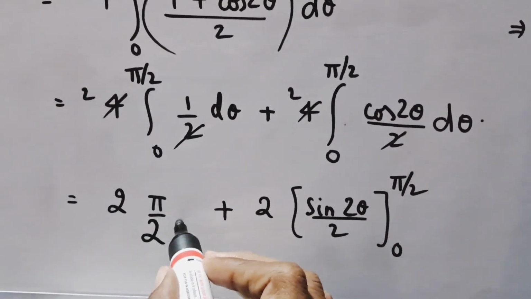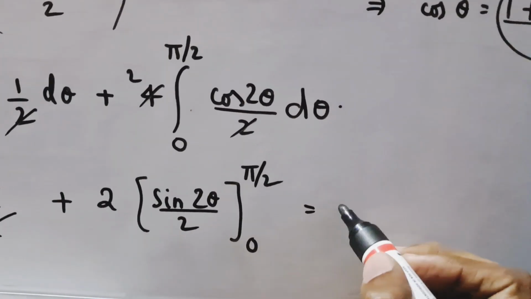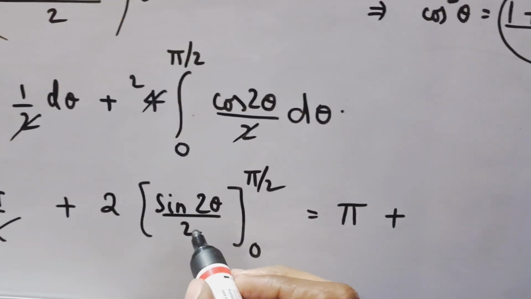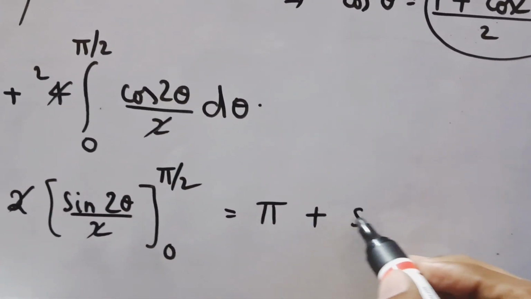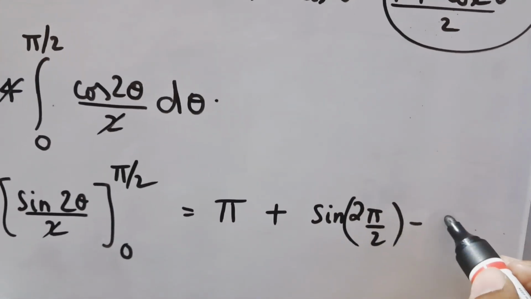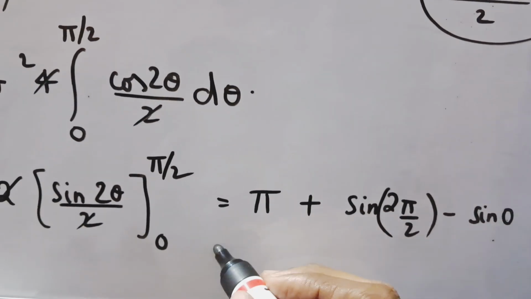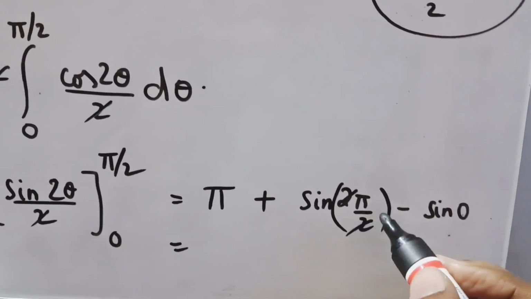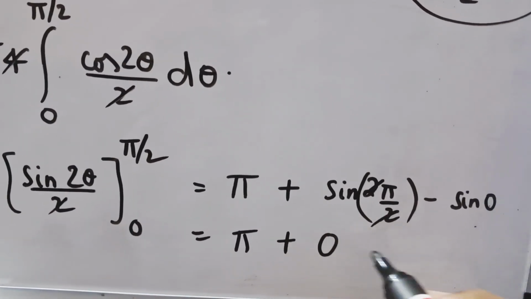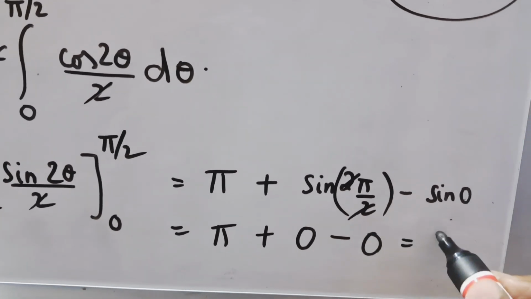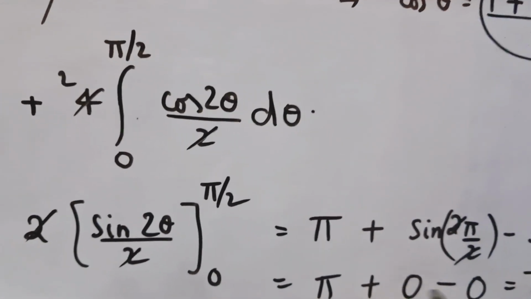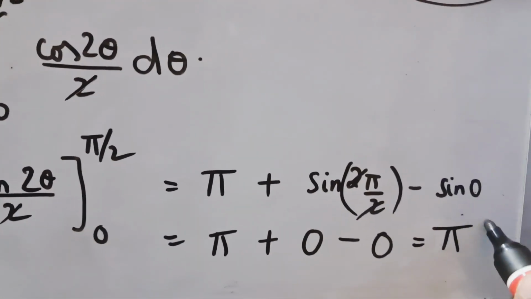Here 2 gets cancelled, so the first term is pi, and the second is sine 2 pi by 2, which is sine pi, minus sine 0. Sine pi is 0, and sine 0 is also 0, so we get the answer as pi. So our final answer to the integral is pi.